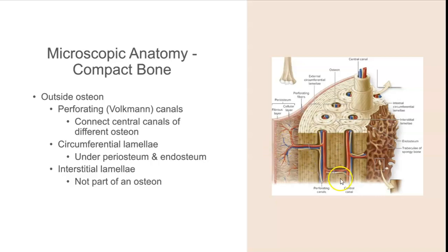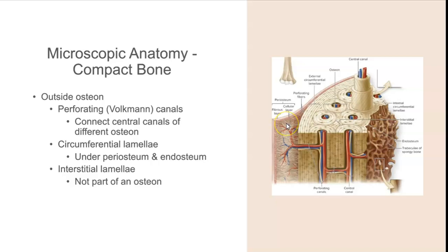Your perpendicular running ones, so they run at a 90-degree angle to the central canal. These are your perforating or Volkmann's canals. Those allow, of course, communication between multiple central canals within different osteons and allows a channel for vascularization and innervation between multiple osteons.